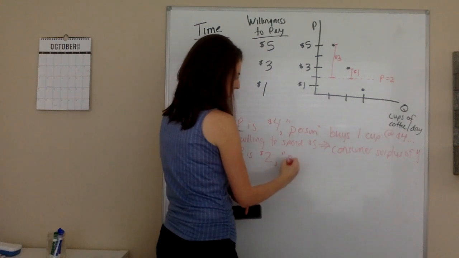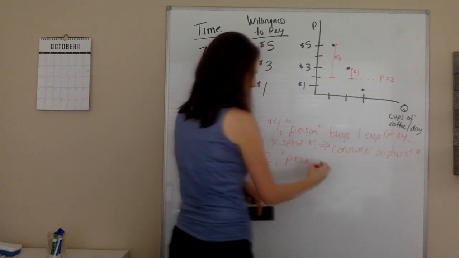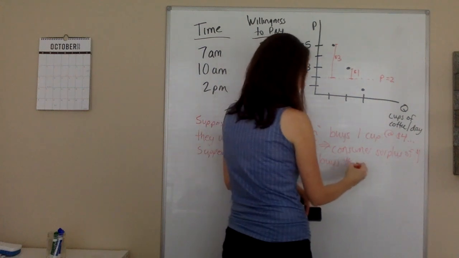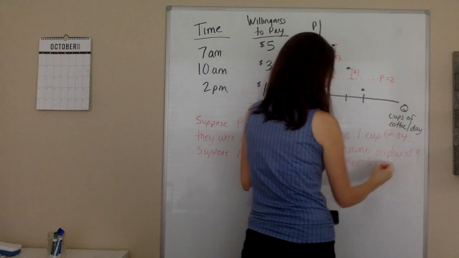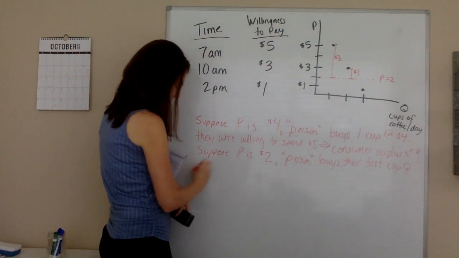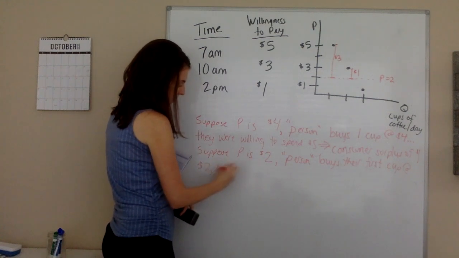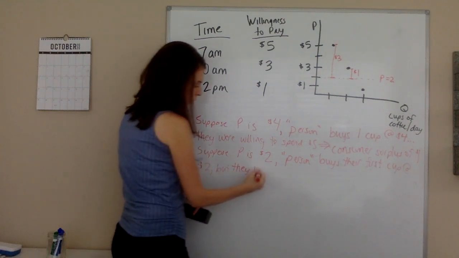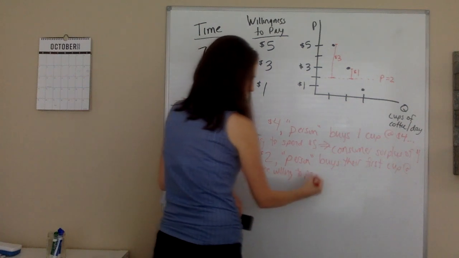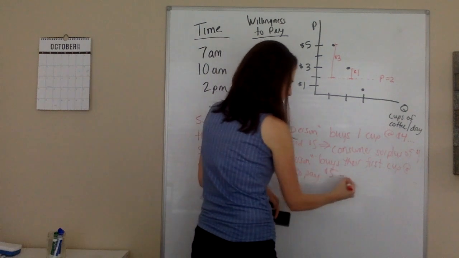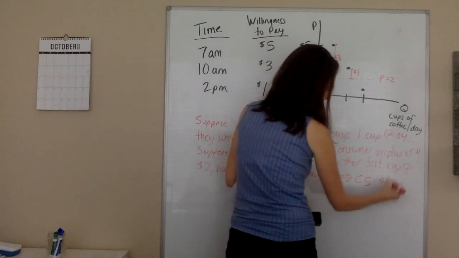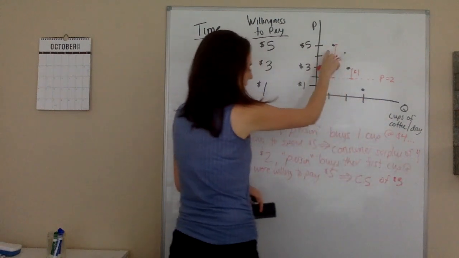This person buys their first cup at $2, but they were willing to pay $5. So we have a consumer surplus, I'm going to abbreviate CS, of $3 right there.